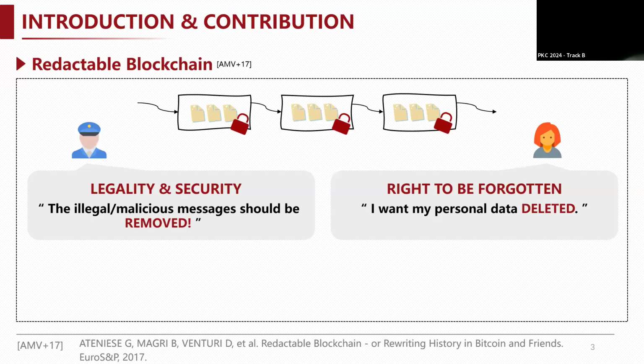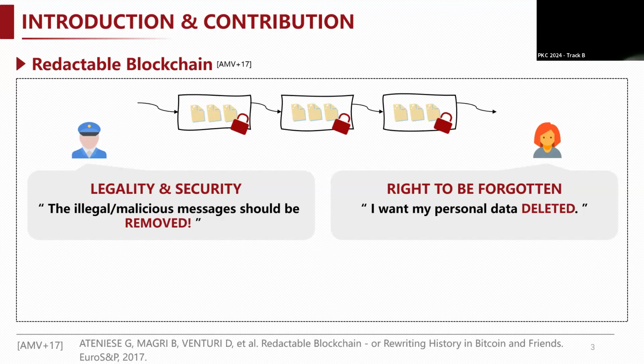Blockchains are originally designed with the property of immutability. That is, the message stored in the blocks cannot be changed. However, this might not be friendly to the healthy development of blockchains. For example, once some illegal or malicious messages are uploaded to the blockchain, then they cannot be removed.